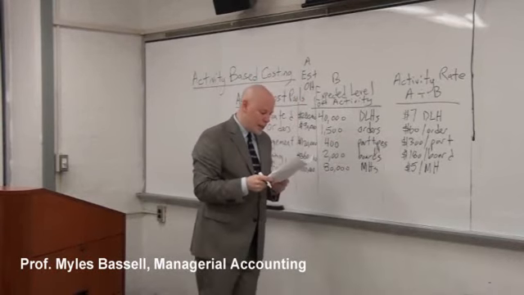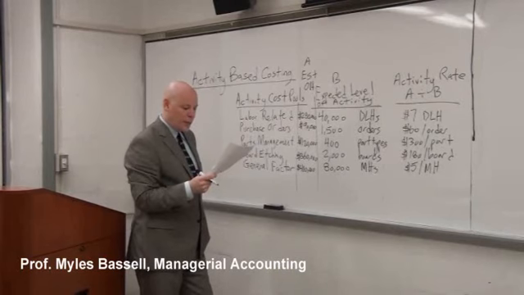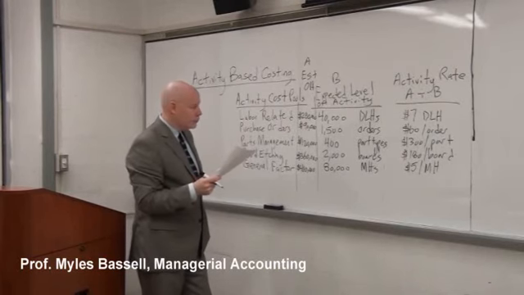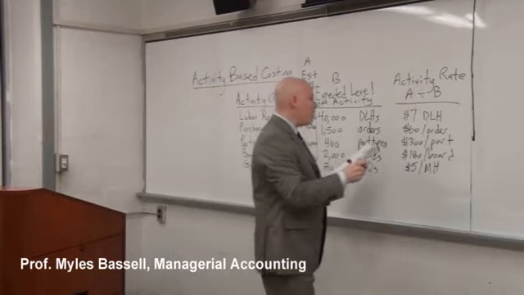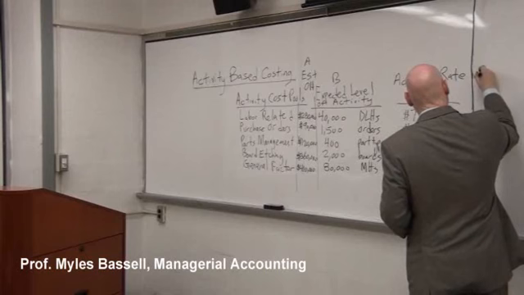Now what we want to do is compute the manufacturing overhead cost that we're going to apply to production. So now that we have the activity rate, what we want to do is look at the actual level of activity.